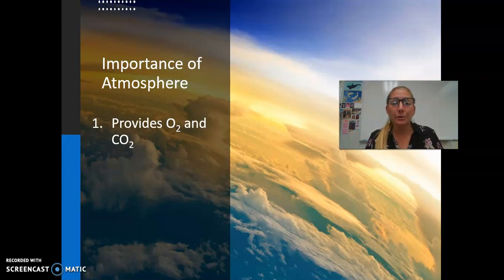And carbon dioxide, of course, is needed for the process of photosynthesis, which plants and algae and phytoplankton are going to be doing. And clearly photosynthesis is important because that's what produces the food for everything else in the world, except for the things that live at the bottom of the ocean that rely on chemosynthesis. But anyway, gases like carbon dioxide and oxygen are going to be found in the atmosphere.